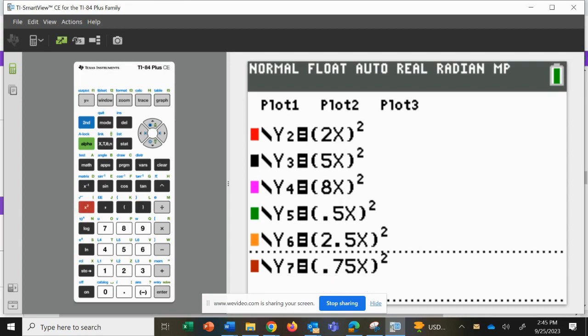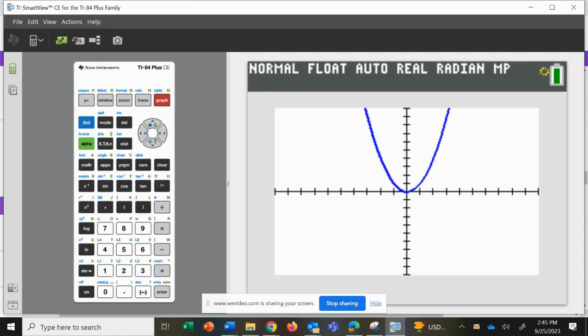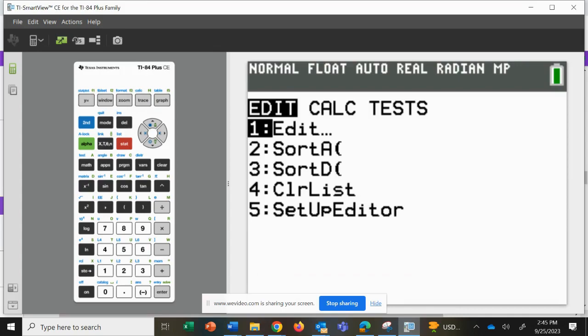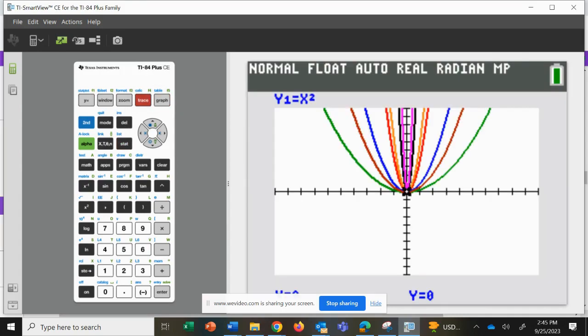Okay, so these are in order of whatever I typed them in, but the blue one is the parent function. I can actually jump on the graphs, and at the top, you can see which graph I'm on.